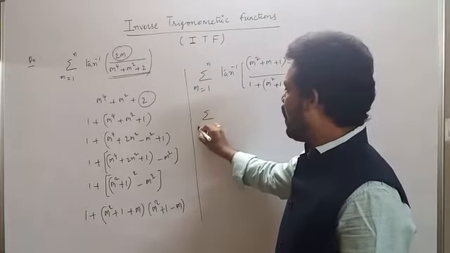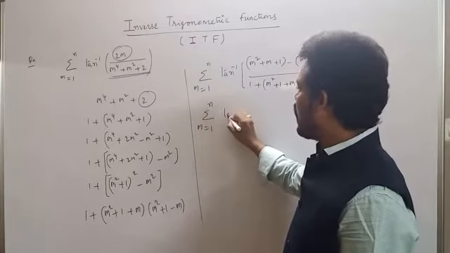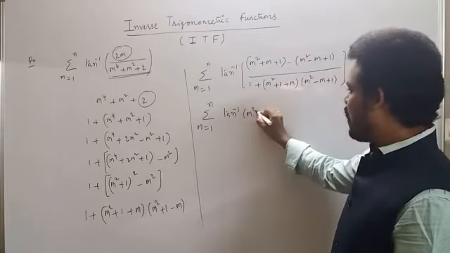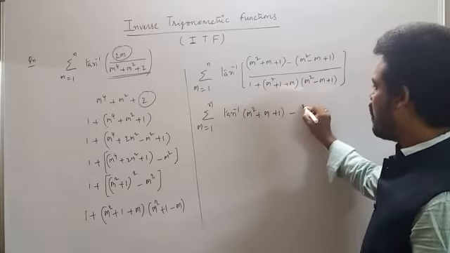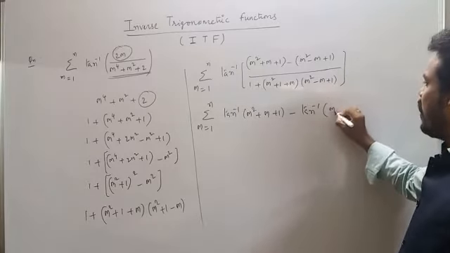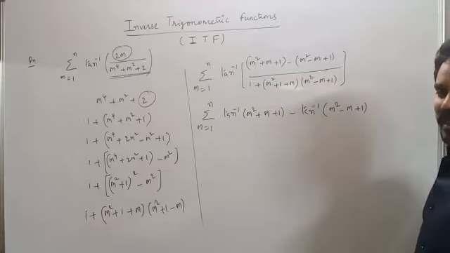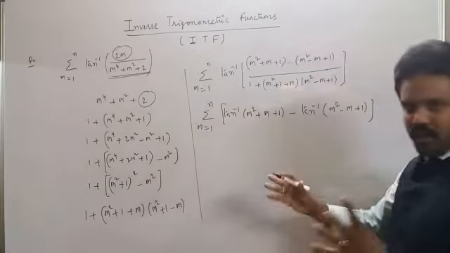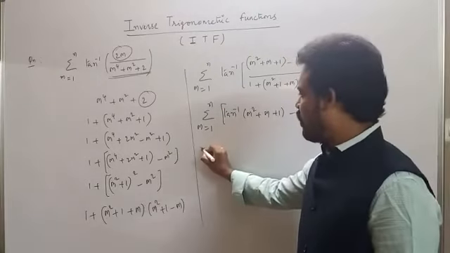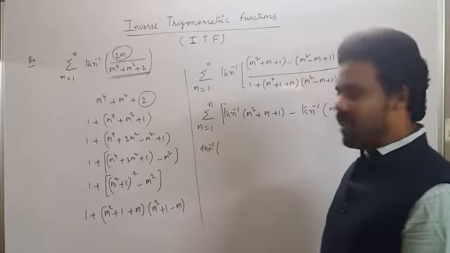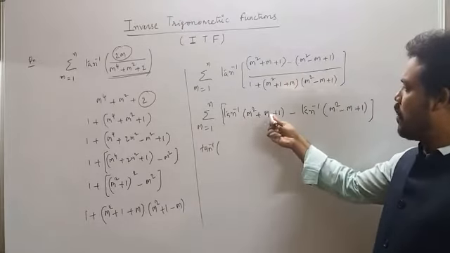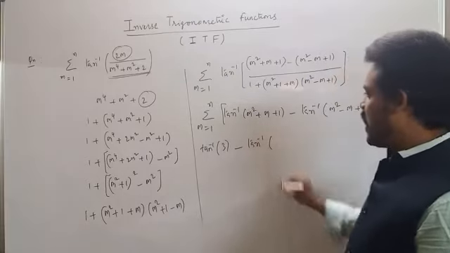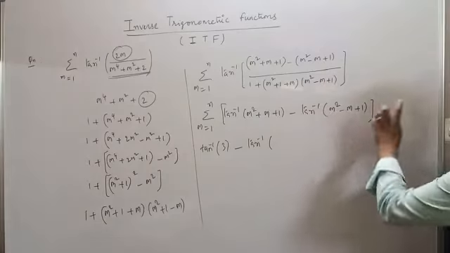Now sigma m running from 1 to n, tan inverse A minus tan inverse B. That means tan inverse of m square plus m plus 1 minus tan inverse of m square minus m plus 1. Now applying the sigma, keeping the values of m. If m equal to 1, listen, tan inverse of 1 square plus 1 plus 1, that is 3, minus tan inverse of 1 minus 1 plus 1, which is 1.